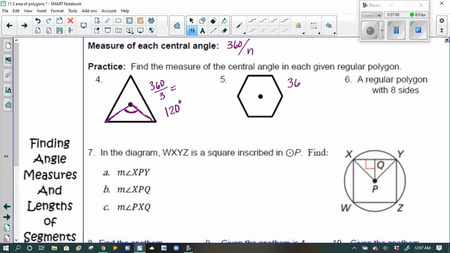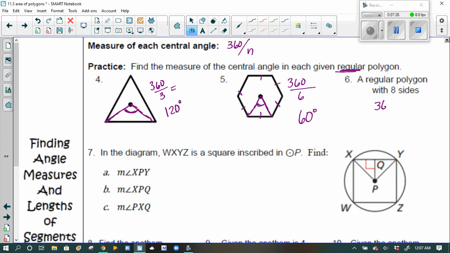Here, 360 divided by 1, 2, 3, 4, 5, 6. And remember, this only works on regular polygons. So 360 divided by 6 is 60 degrees. So go to the center and draw 2 radii, and this is your central angle. So if I have a regular polygon with 8 sides, that's an octagon.